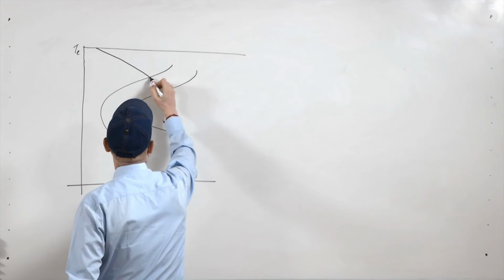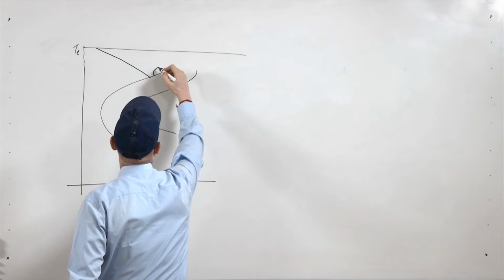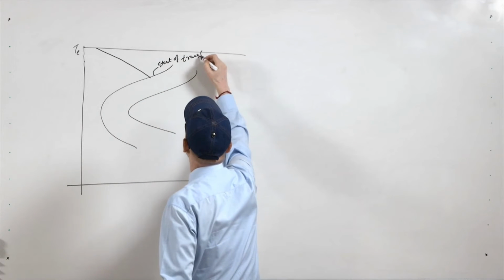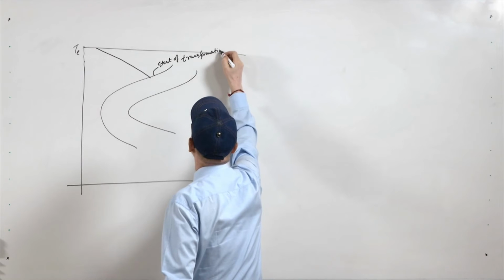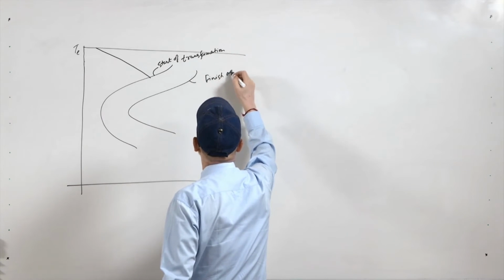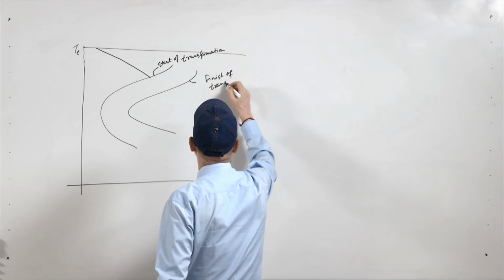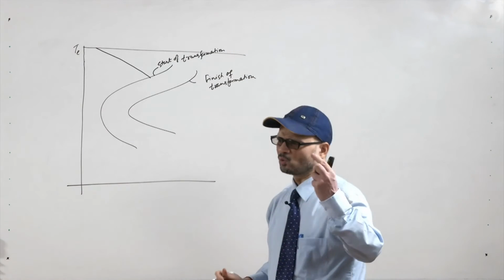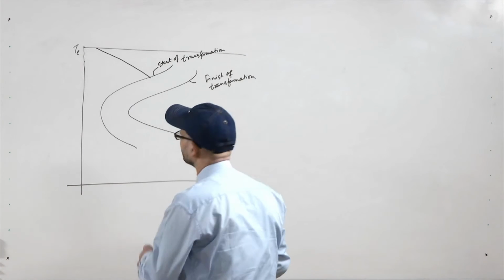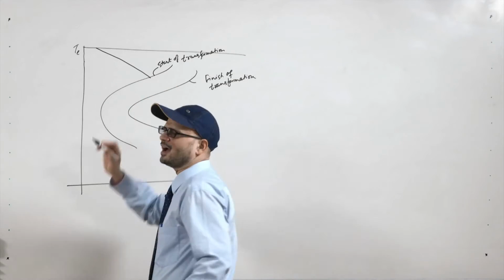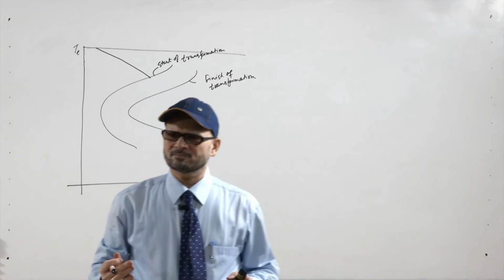Once it touches this, this line is the start of transformation, and this is the finish of transformation. When you are cooling and the stage is reached where it touches this line, the austenite will start transforming to another phase.